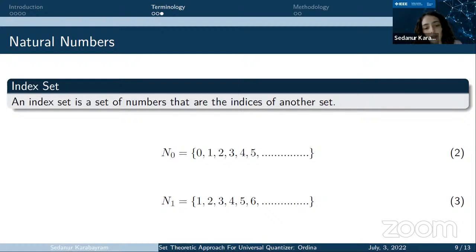As you see in the second equation and third equation, the second equation includes the cardinal numbers, which start from 0, and the third equation, starting from 1, includes ordinal numbers. So we can say the third equation is an index set of equation 2. I mean, the ordinal numbers are the index set of cardinal numbers.